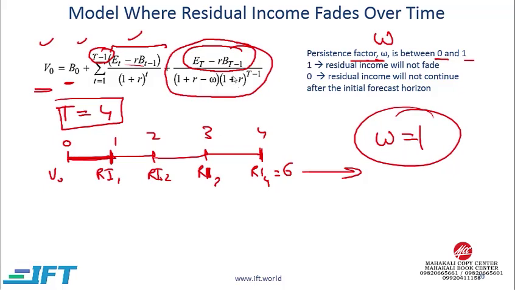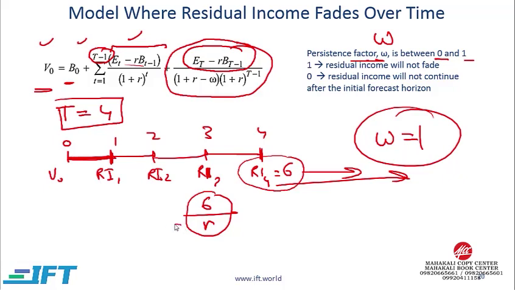Now, without even looking at this formula, if the persistence is 1, then the present value of this perpetuity is equal to the residual income at time 4, which is 6, divided by the discount rate, which is R. Right? And then we will take this and discount it back.